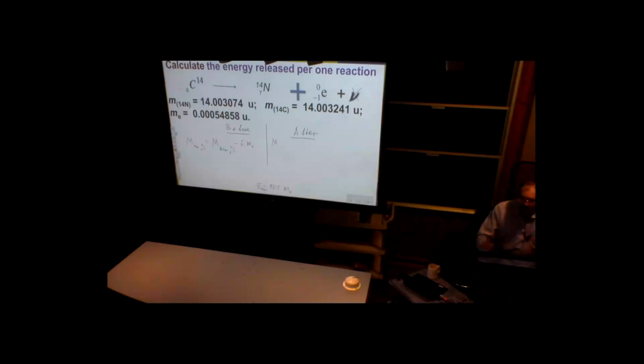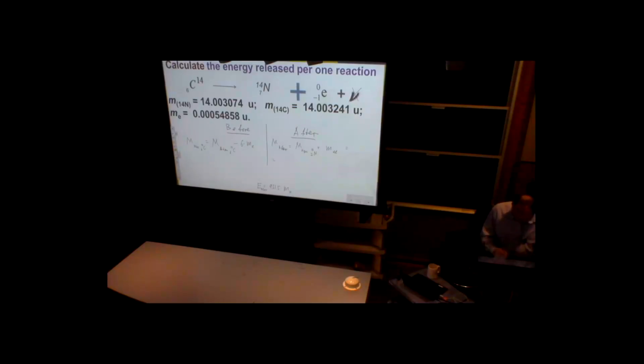It has some energy, but much, much, much less than all other parts, so we neglect it. So what's left? After it has two parts, we should use nuclear mass of this element, and we need the mass of that particle, which we call electron. So what's next step?